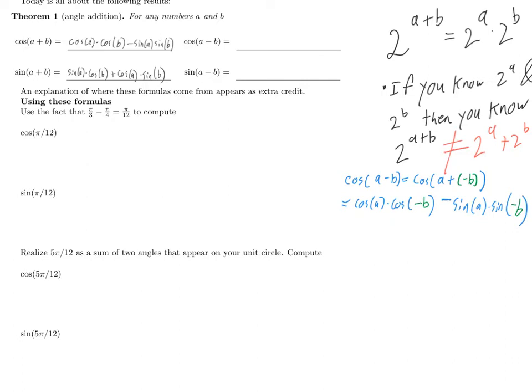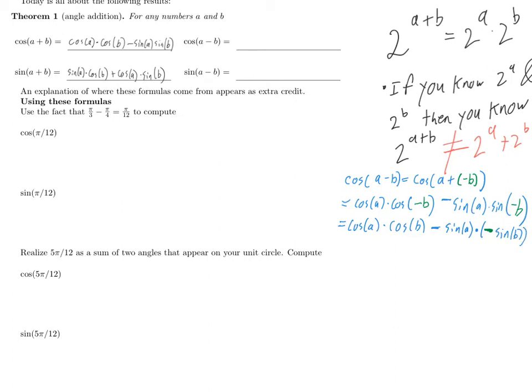Well, I know what happens when I stick a negative sign in front of an angle inside of a trig function. I know that cosine is an even function and sine is an odd function. So this negative sign I can just erase because cosine is even. The function sine is odd, so that negative can pull out front, where it'll cancel with that negative sign. Writing that out, this will become the cosine of a times the cosine of b minus the sine of a multiplied by negative, times the sine of b.